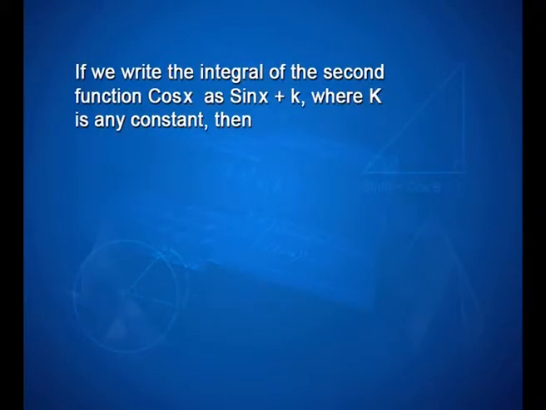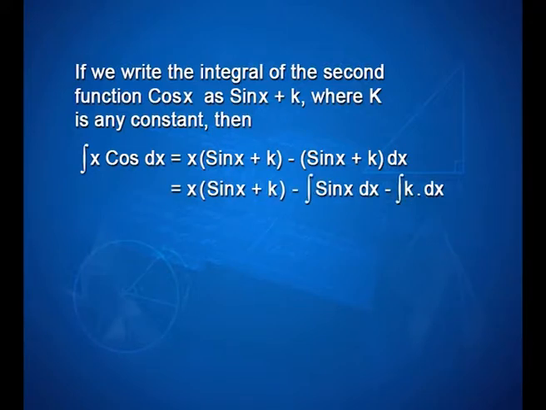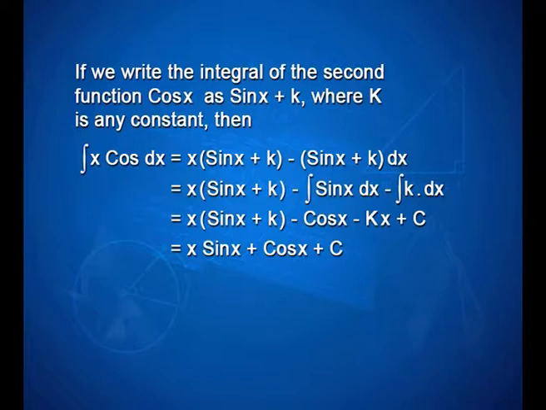If we write the integral of the second function cos x as sin x plus k, where k is any constant, then integral of x cos x dx is equal to x into (sin x plus k) minus integral (sin x plus k) into dx, that is equal to x into (sin x plus k) minus integral sin x dx minus integral k into dx, that is equal to x into (sin x plus k) minus (cos x) minus kx plus c, that again can be simplified as x sin x plus cos x plus c.